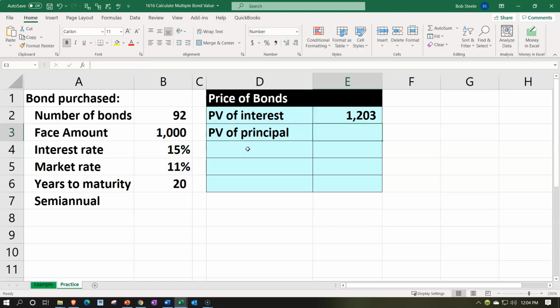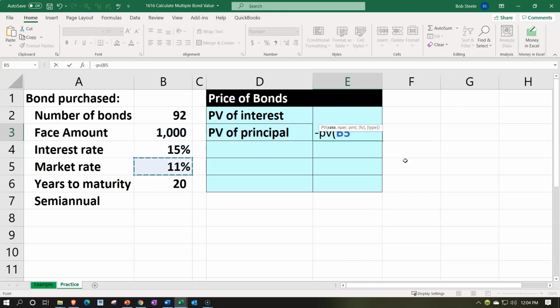So there we got the 1,203. Let's add a couple decimals. Then the present value of this 1,000 that would be paid out or received, depending on which side of the bond we are, at the end of the 20 years: negative present value, shift 9. We're going to take the rate, market rate once again. That would be for a year. It's semi-annual, so we're going to divide it by 2, comma.